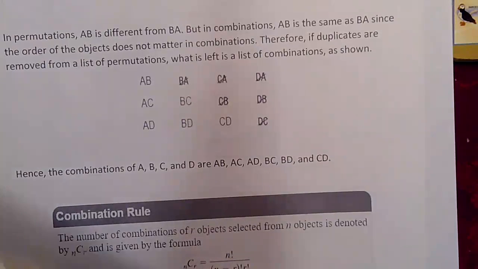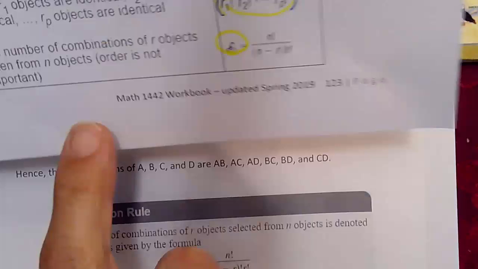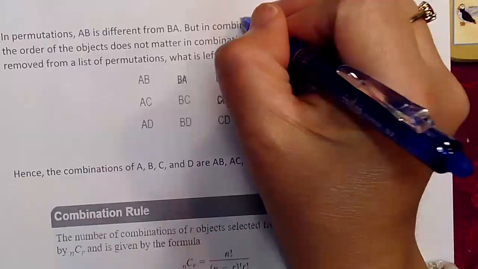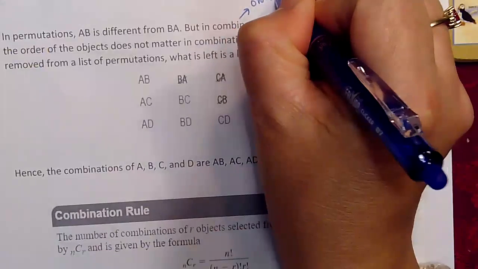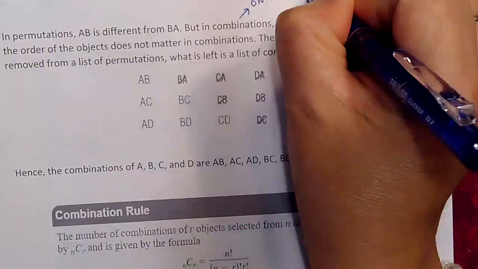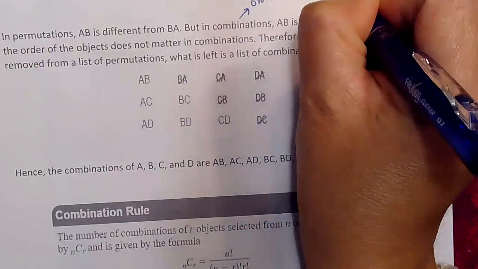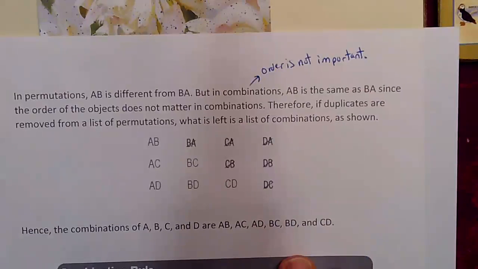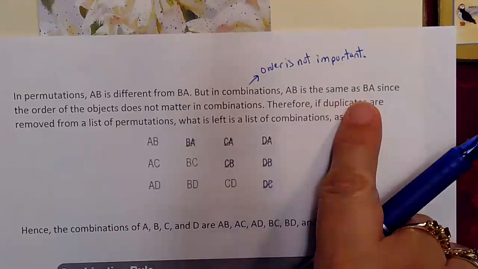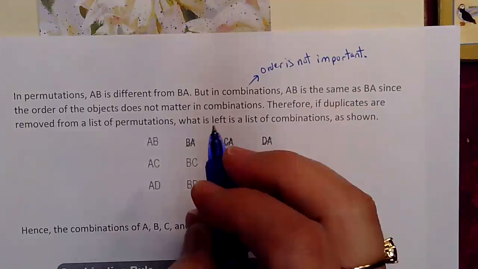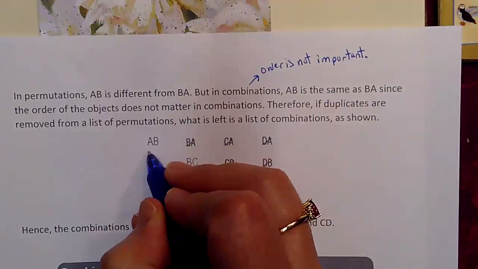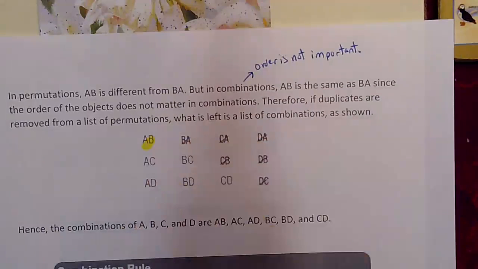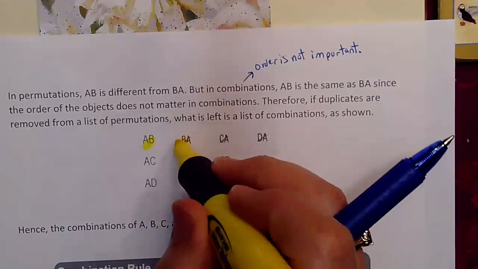And that's because in their definition of combinations, it said order is not important. And it says the reason AB is not the same as BA. So we're talking about AB right here, is not the same as BA.